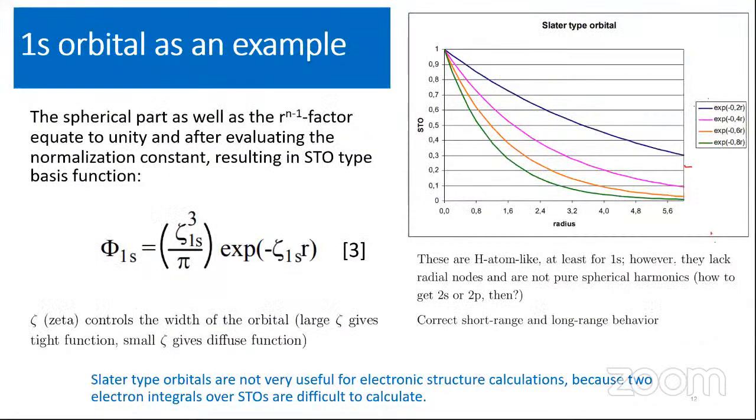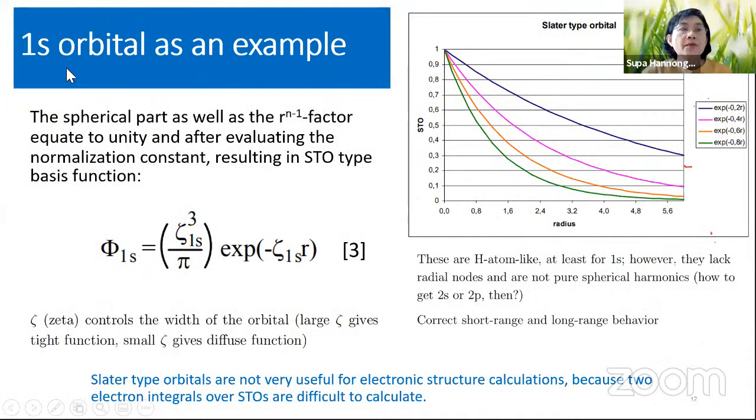And if we consider, for example, the 1s orbital, some of you may remember that the electron will occupy the orbital, and the 1s is a sphere shape, very simple. So the spherical part as well as the radial part equate to unity.